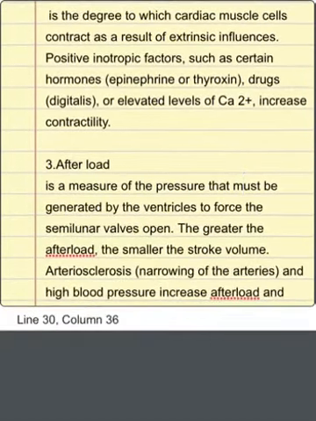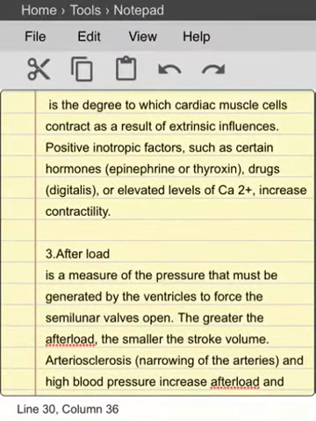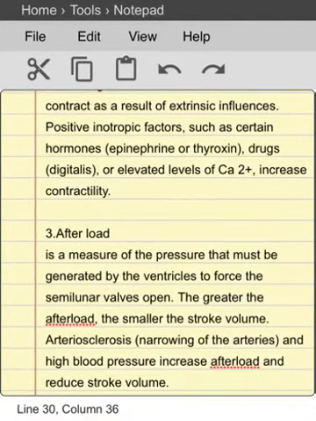The third one is afterload. Afterload is the pressure generated by the ventricles to force the semilunar valves open. So afterload means the amount of pressure your ventricles can generate to open the semilunar valves. What are the semilunar valves? Pulmonic valve and aortic valve.